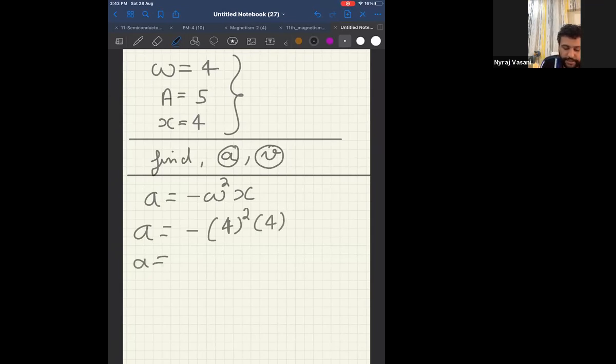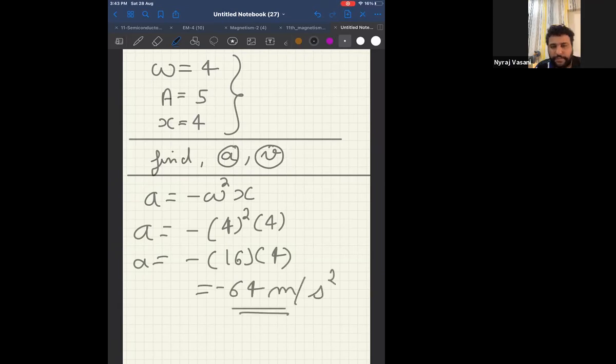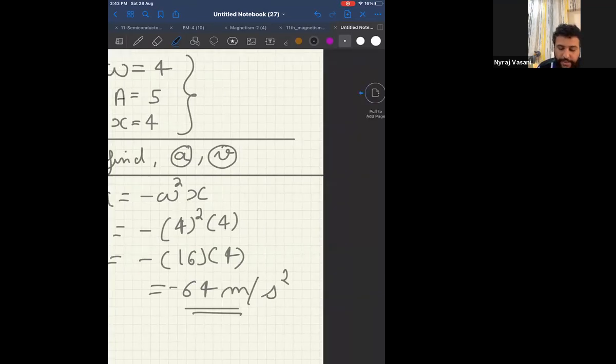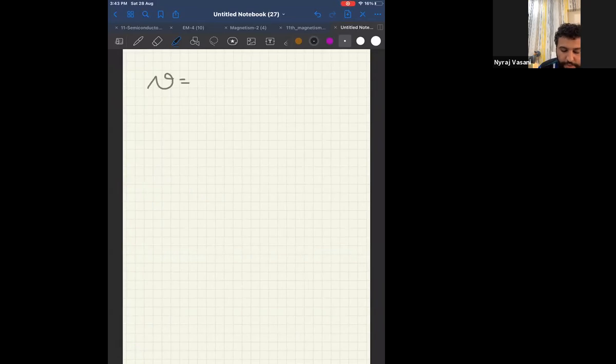Therefore, acceleration is minus 16 into 4, which is minus 64 meter per second square. Correct? And velocity, if I want to find, the formula will be plus or minus omega root of a square minus x square.